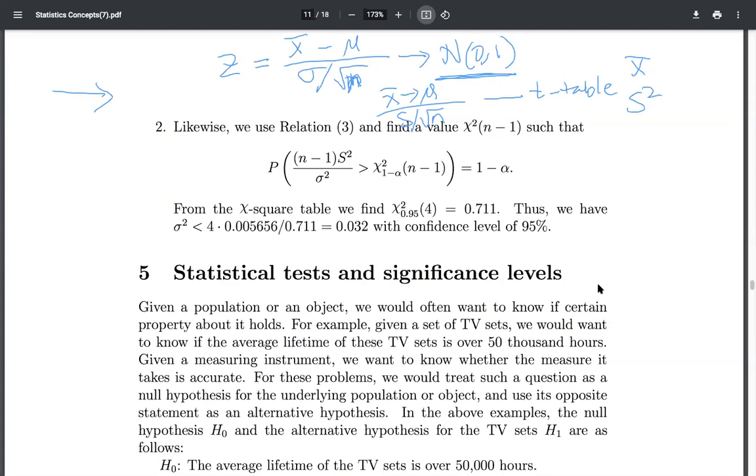Again, this is what I want to do, to get mu here. If I want to get the variance, then I use the chi-square table by looking at these things.